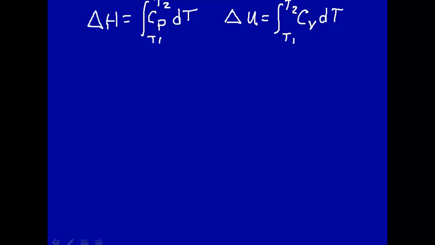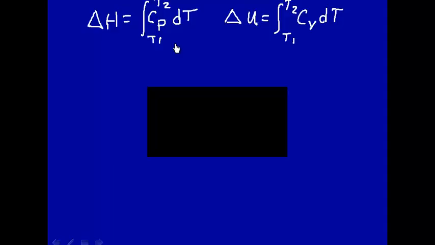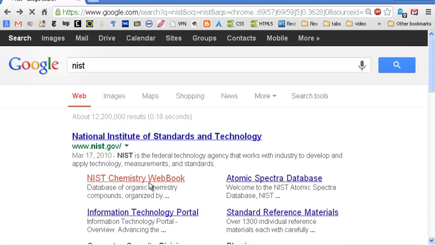And if heat capacities here are not constant, you can't pull them out of the integral. In fact, you have to know how heat capacity depends on temperature. And that's where the NIST website comes in handy.